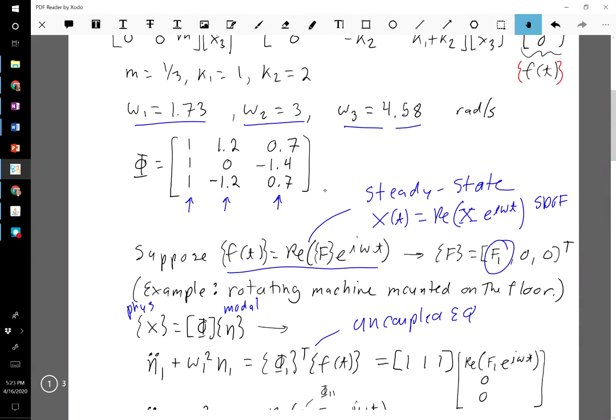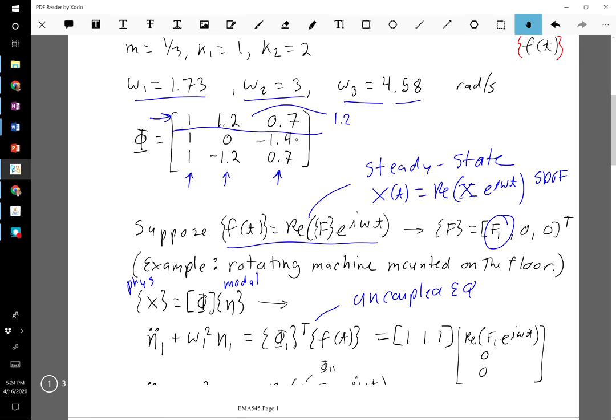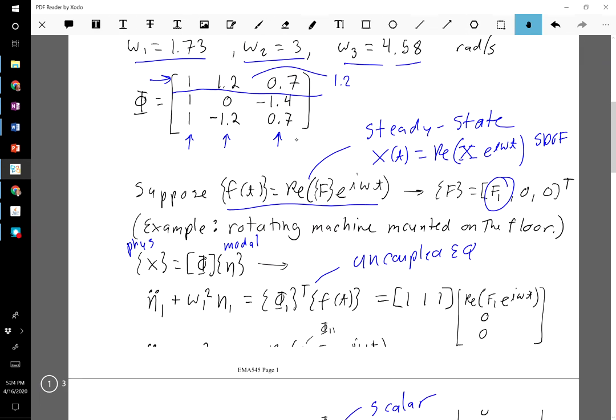For the other modes, it'll be different. Notice that's just picking off this first row. So for mode 2, we'll have a factor of 1.2, so it'll feel more force than mode 1 did. Mode 3 will feel less, and we should see that reflected later.